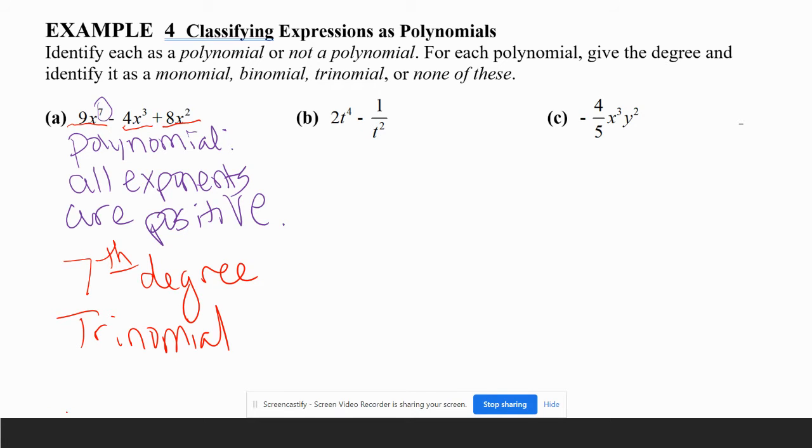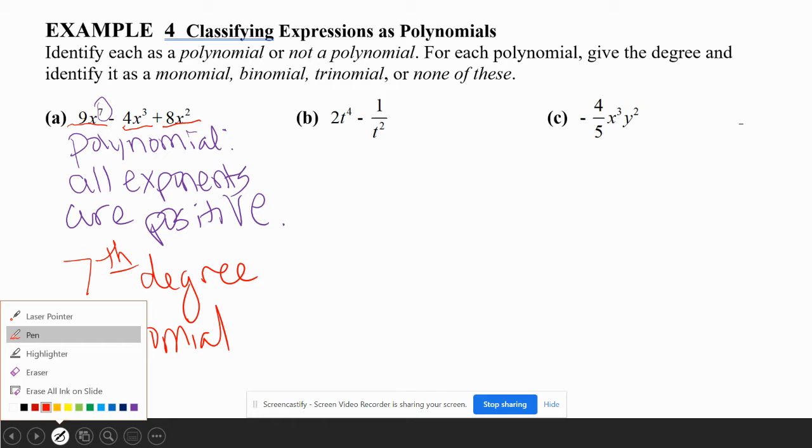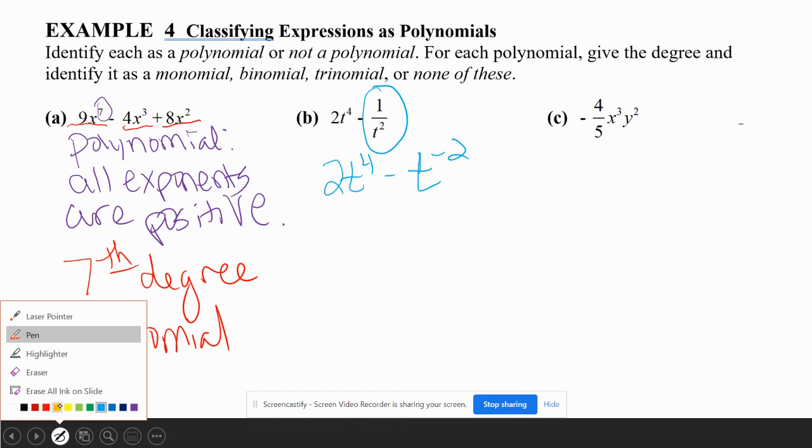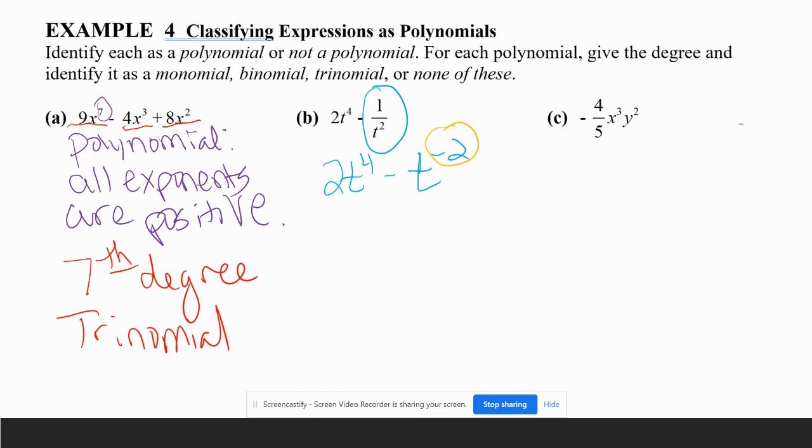For letter B, when we first look at it, we're seeing the t to the positive 4th and then t to the positive 2nd. However, this t to the 2nd is underneath a fraction bar. That really means that that's t to the negative 2nd. Once we've gotten to the point where this is not positive, then this is not a polynomial.